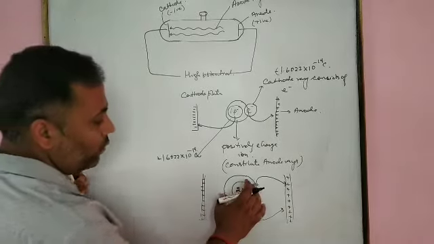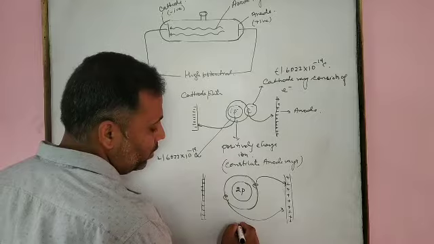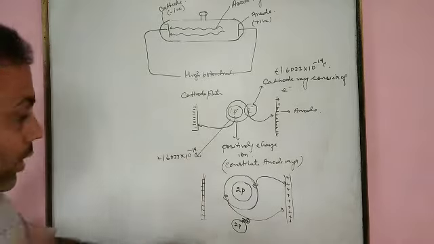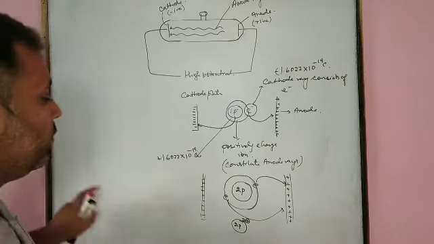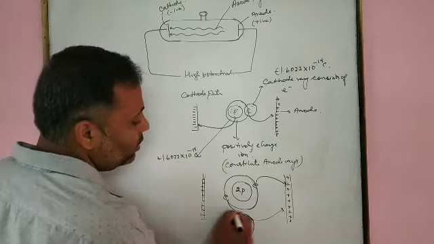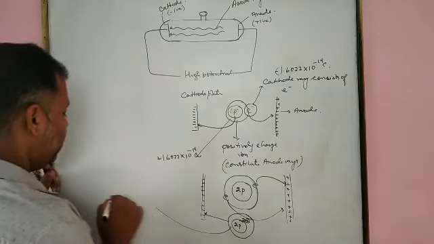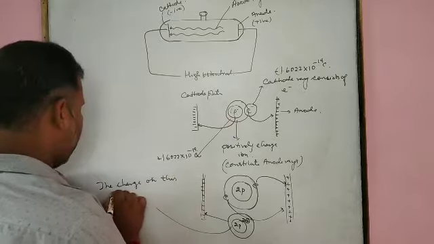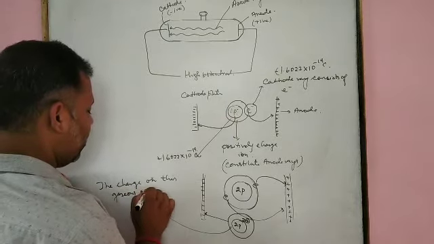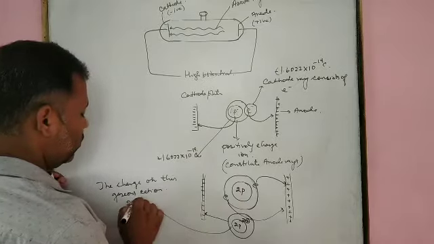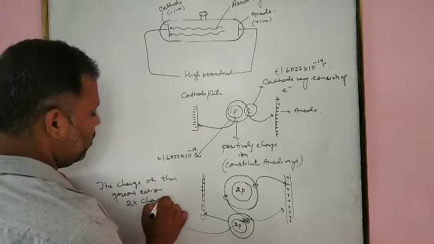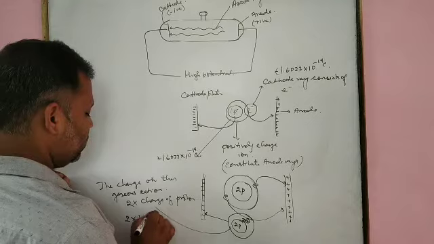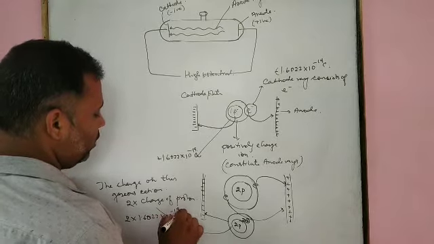But when these 2 electrons are ejected, the nucleus has 2p, which means 2 positive charges. Then we observe that the charge on this gaseous cation is 2 into the charge of a proton, which means 2 into 1.6022 into 10 to the power minus 19 coulomb.